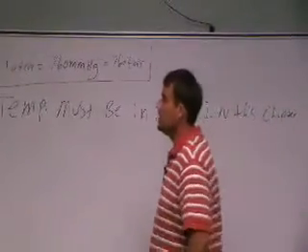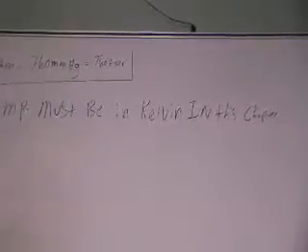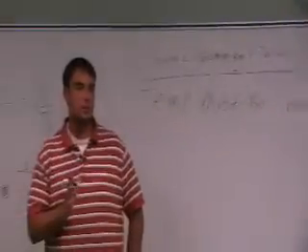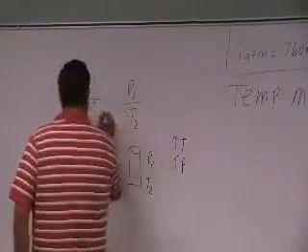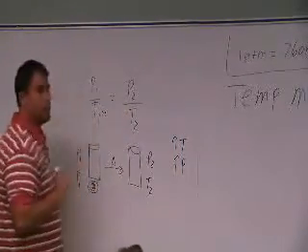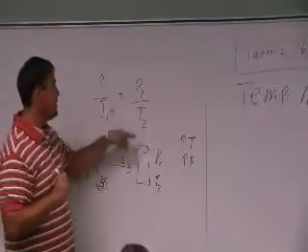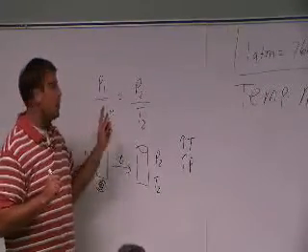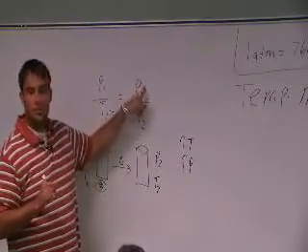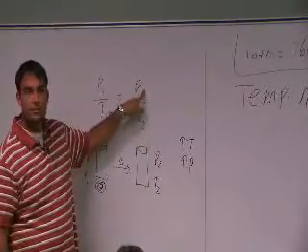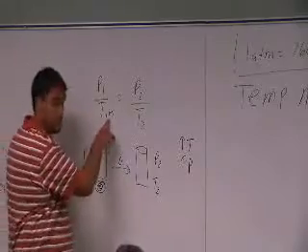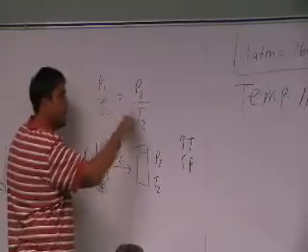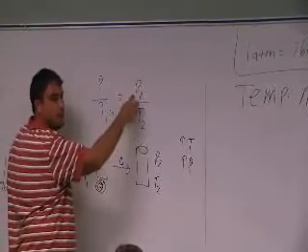Now check this out. Let's just say that you forgot and didn't put temperature in Kelvin. So let's say that that's negative there. Everything else is positive. What would this pressure have to be? If you've got one negative and everything else is positive, what does that one have to be?